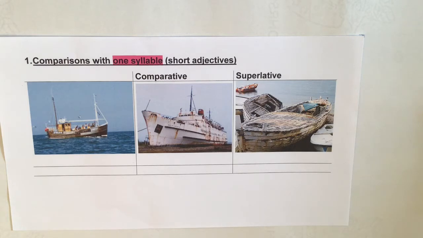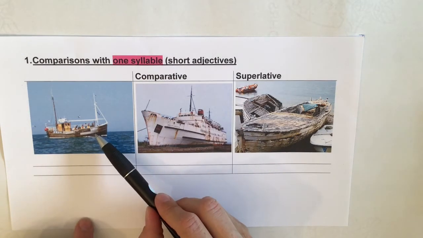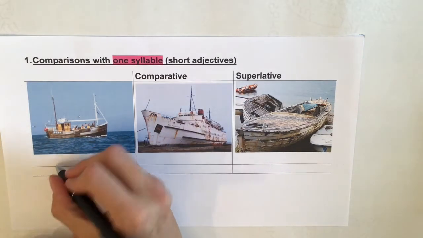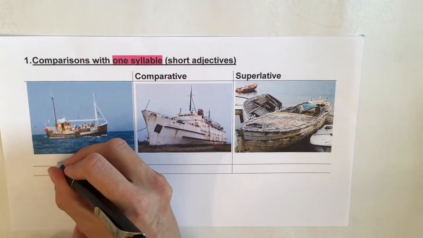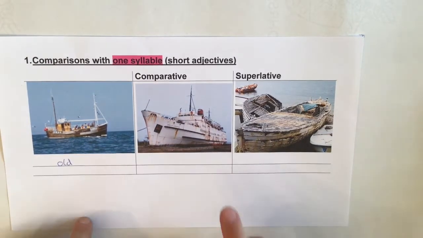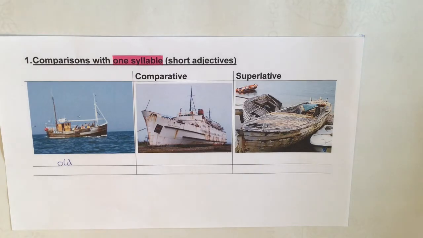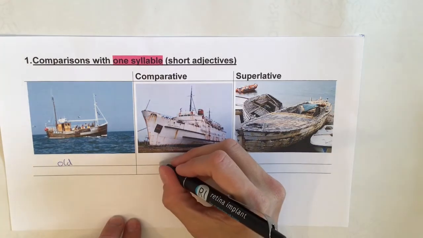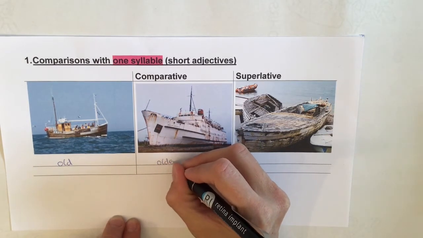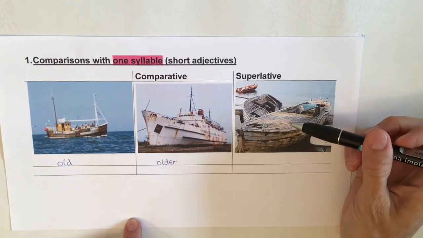First of all, we'll have a look at comparisons with one syllable. So these are the short adjectives. Here in the picture you can see an old ship. This is an older ship.